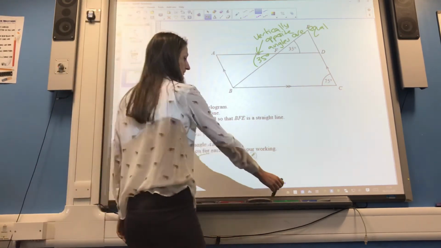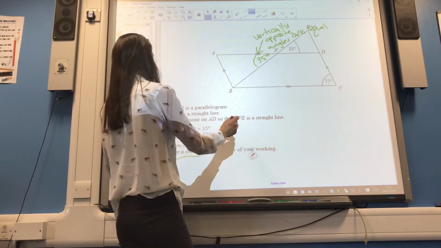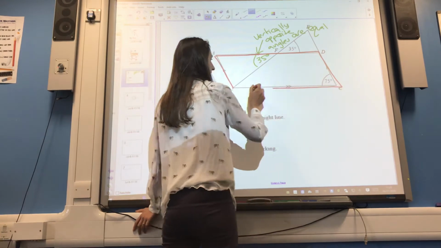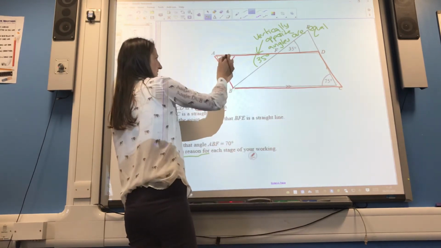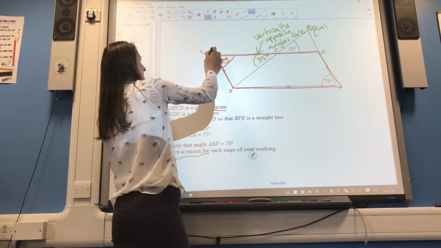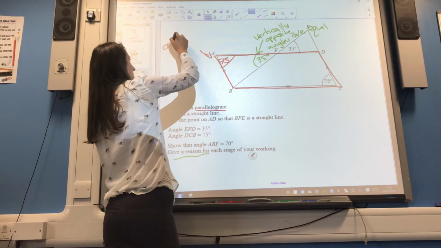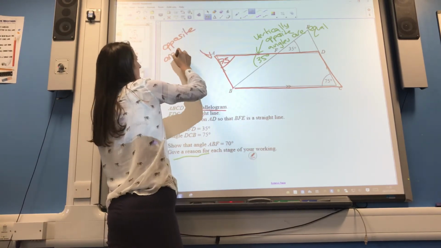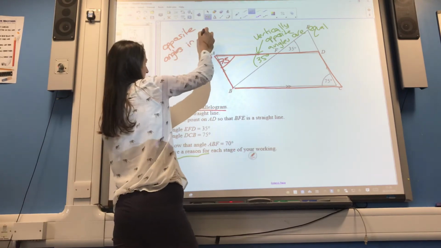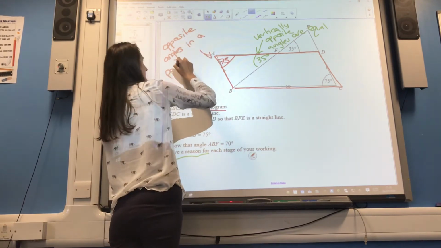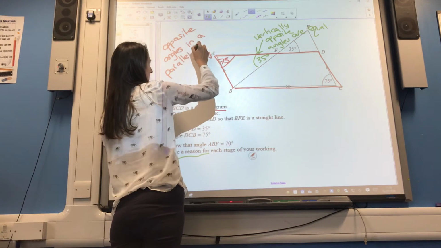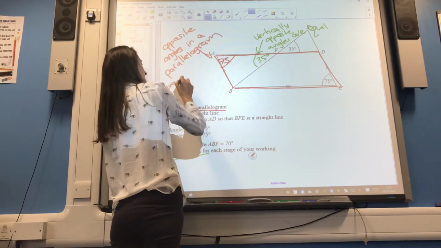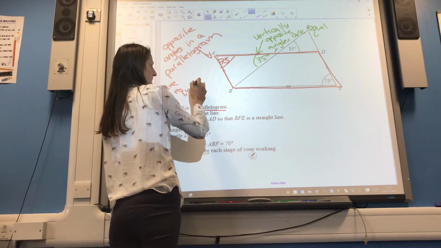You also need to realise that this shape here is a parallelogram. And that tells you that this angle here is 75 because opposite angles in a parallelogram are equal.